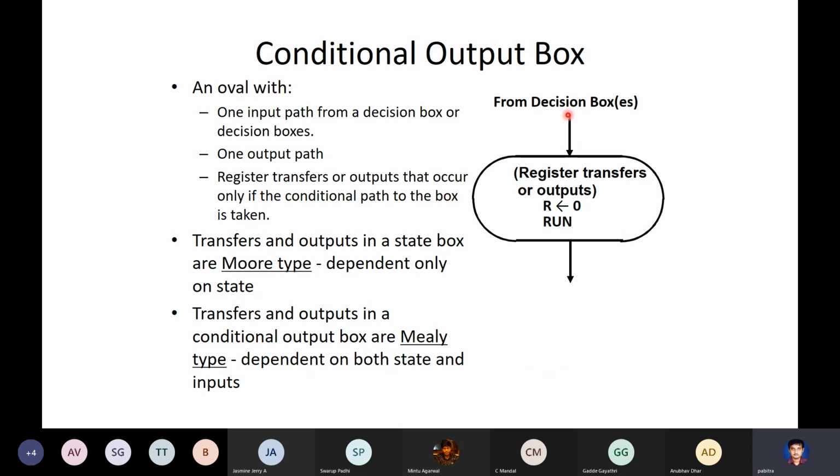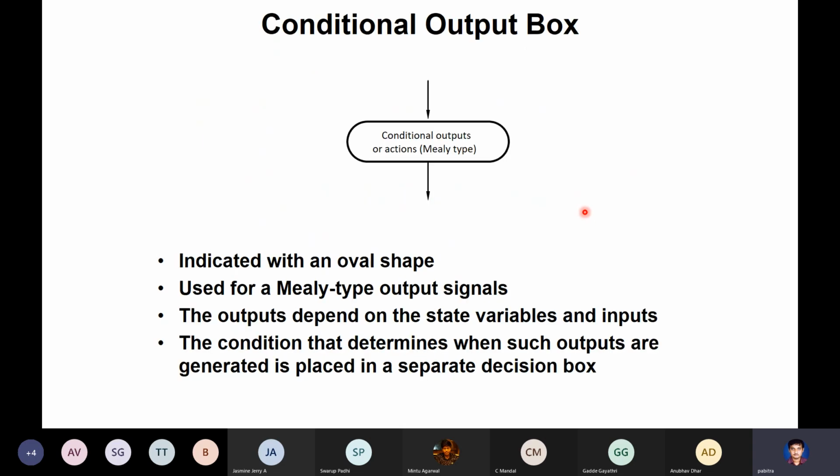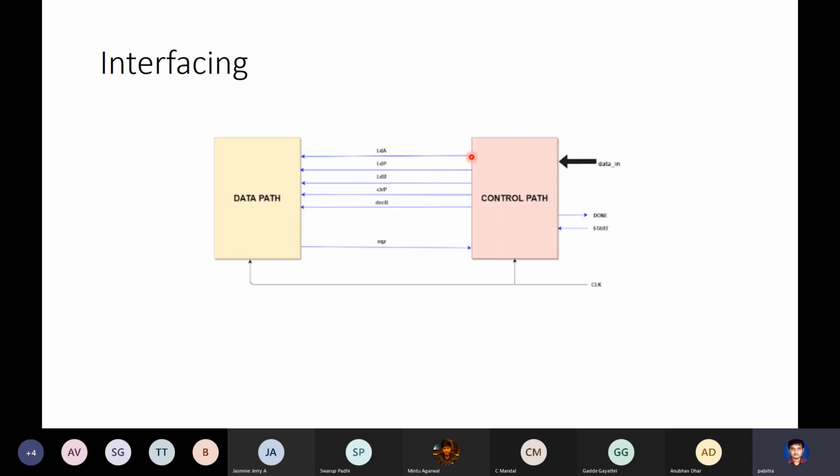So for example, I have one value coming from the decision box, and depending on the input, I can, by the way, what these actions or outputs mean, you have already seen here. Many a time these actions or outputs will be some load or clear commands.